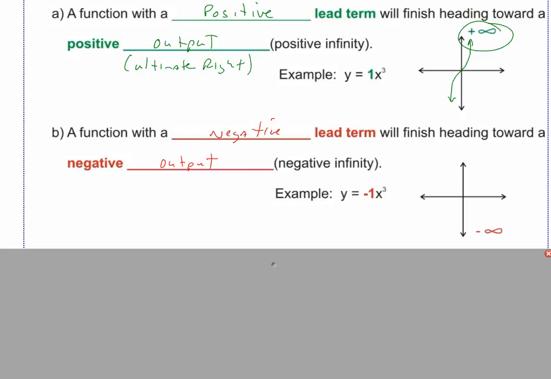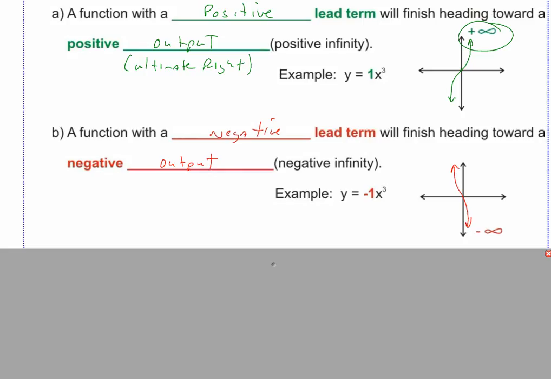And again, you can see there's only one term, so it's the lead term, and it's a negative coefficient, and the graph of this one looks like this. Again, the ultimate right is heading to negative infinity.